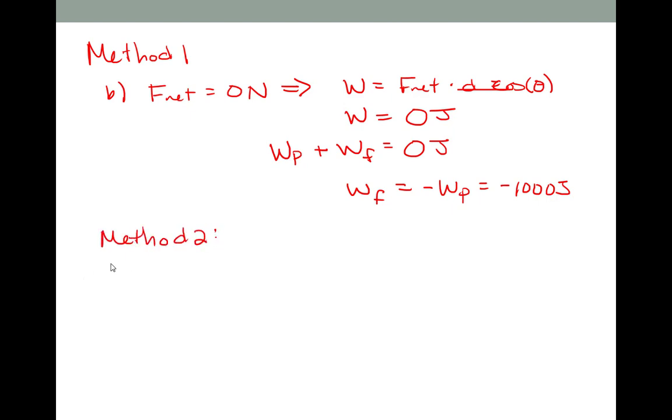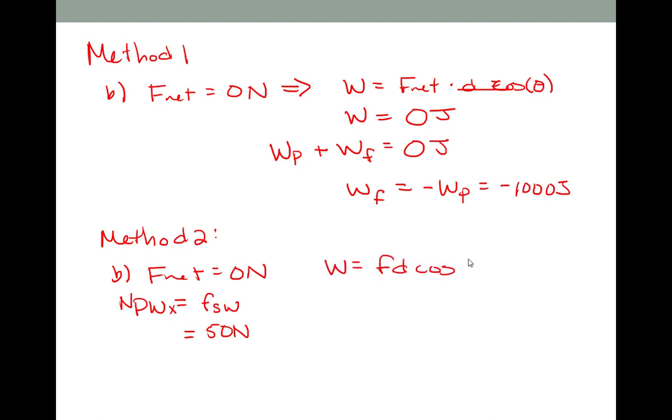Method 2. I say, okay, well, F net equals 0 newtons. I know the x component of the normal from the person on the wagon has to equal friction from the surface on the wagon. We just found that on the last slide to equal 50 newtons. So friction from the surface on the wagon equals 50 newtons. I can now say work is going to be F d cosine of theta.